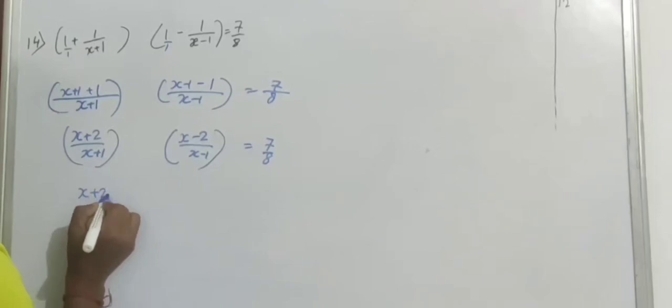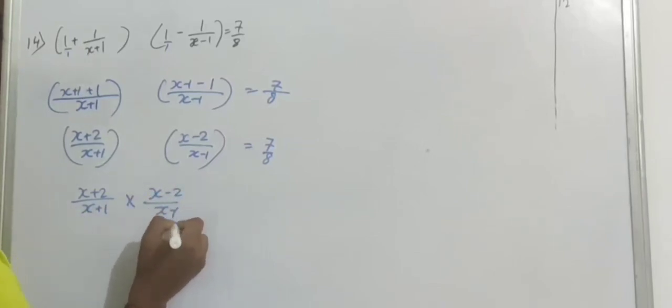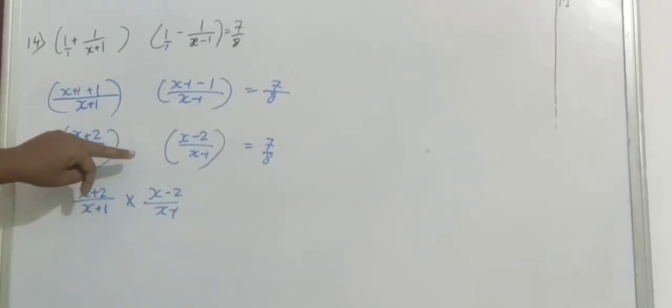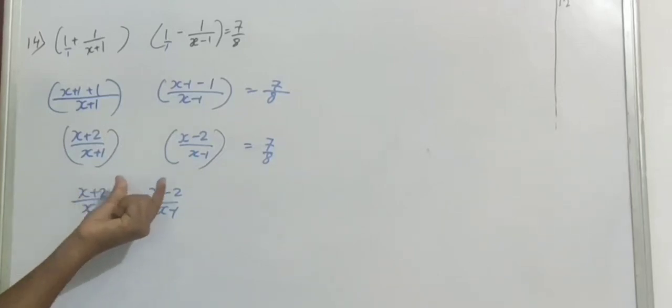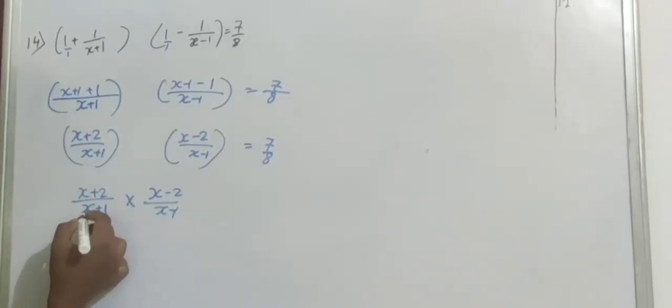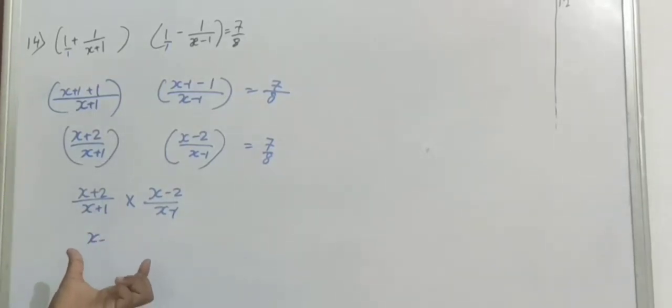Now open both sides, x plus 2 by x plus 1 into x minus 2 by x minus 1. So multiply it directly, numerator with numerator and denominator with denominator. Friends, here is one identity we applied.